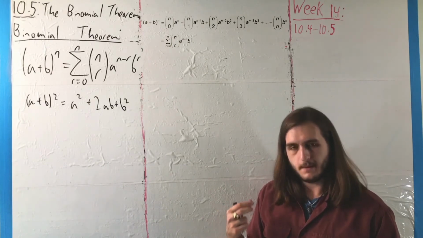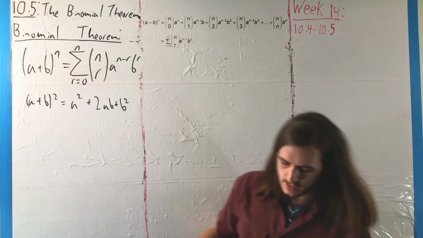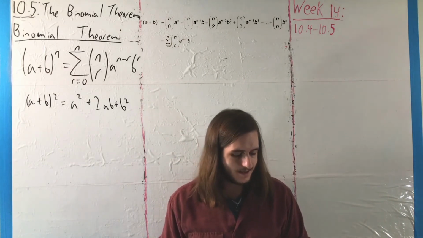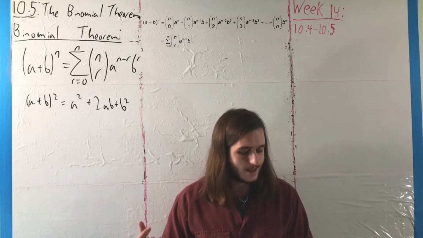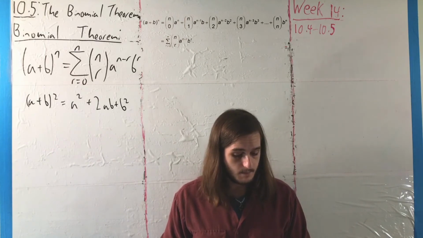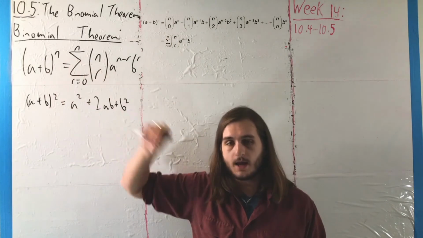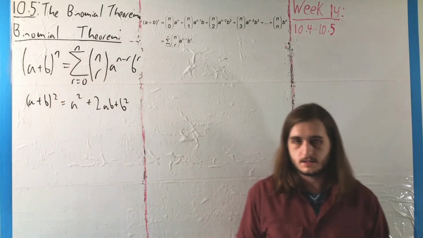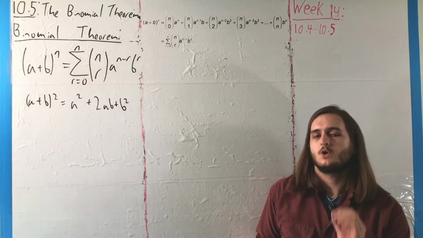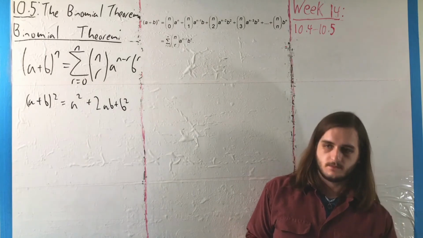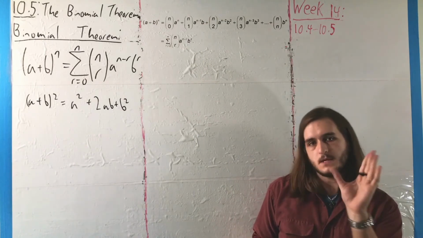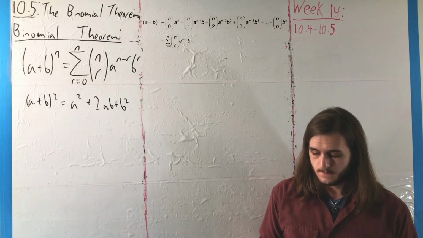We can think about those binomial coefficients, those n choose r terms, as telling us how many ways we can select our a's and b's. Because of the way we're taking these things raised to the power n, every single term in that expansion is going to have a total of n factors, where some of them come from a and some of them come from b.